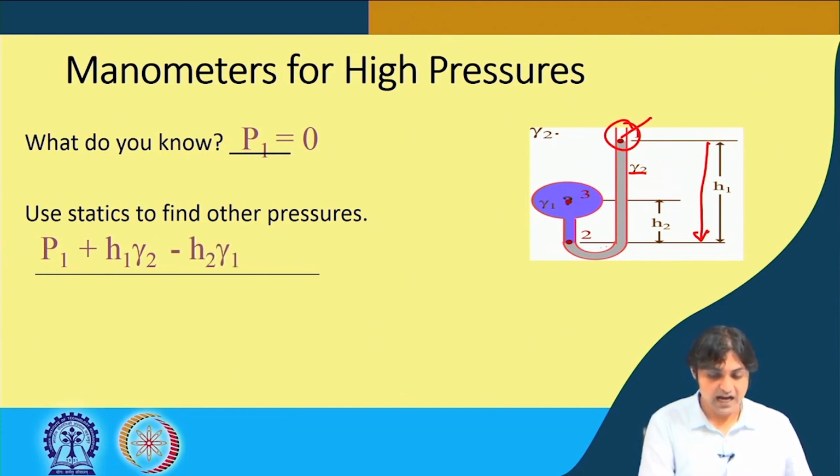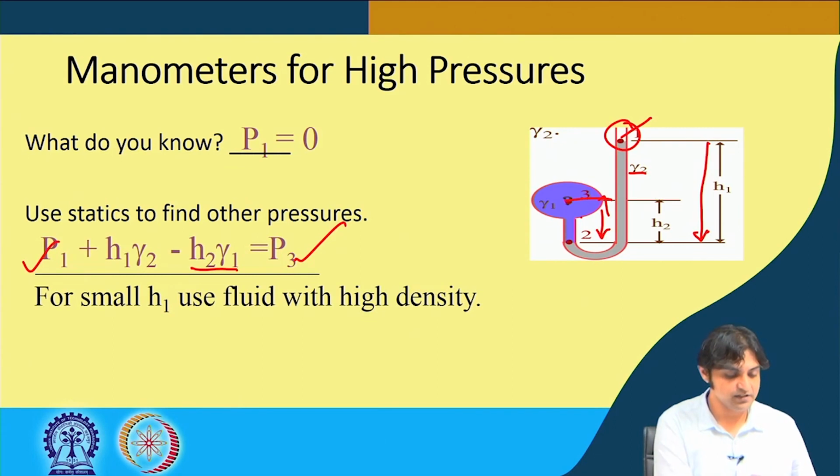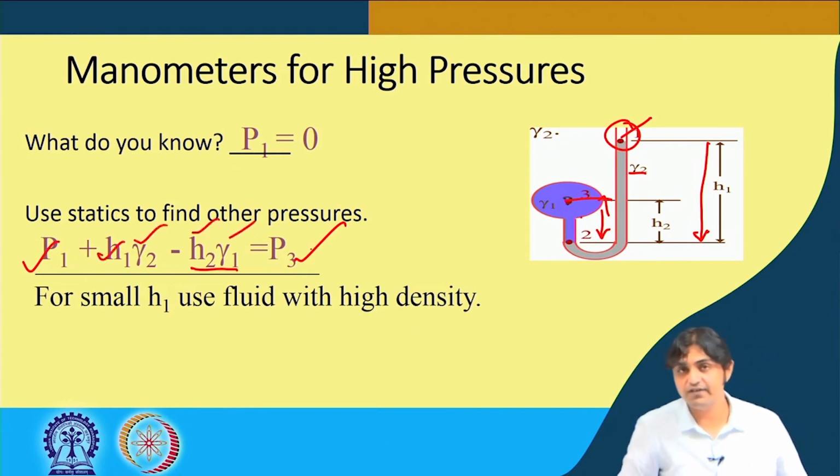So, now we are going up by how much? H2. If we want to go to the center, we are going up. So, minus H2 gamma 1 should be equal to P3. So, we have found P3 is equal to P1 plus H1 gamma 2 minus H2 gamma 1, right. So, we know P1, that is 0, we know H1, we know gamma 2, we know H2, we know gamma 1. So, we can easily find out P3.